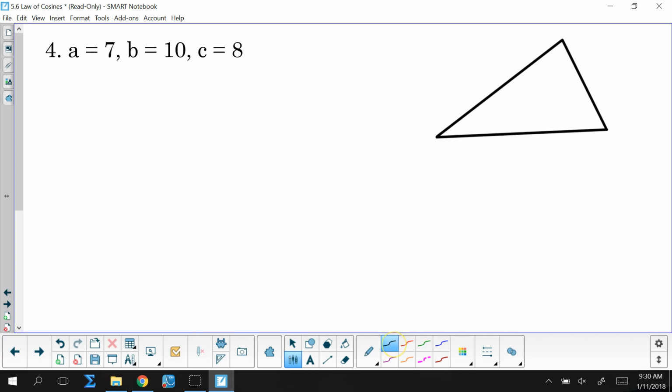So I look at the two shorter sides. 7 plus 8 is bigger than 10. 15 is bigger than 10, so it is truly a triangle, which is good. So then we have angle A, angle B, and angle C, along with 7, 10, and 8.